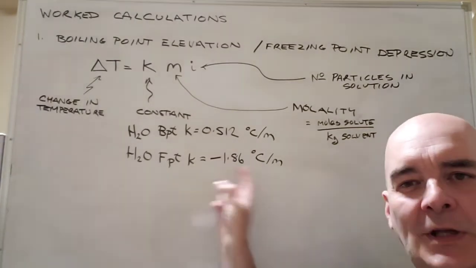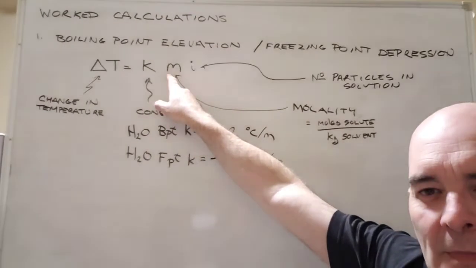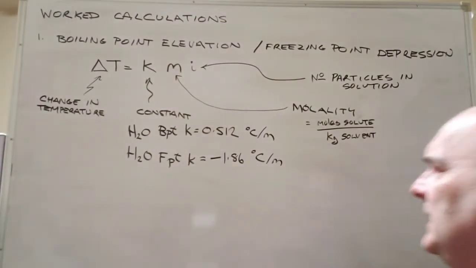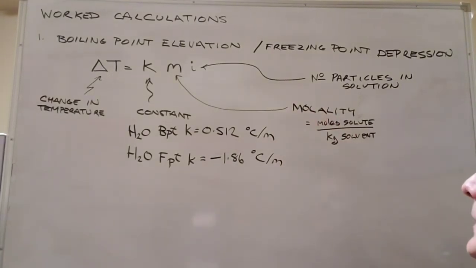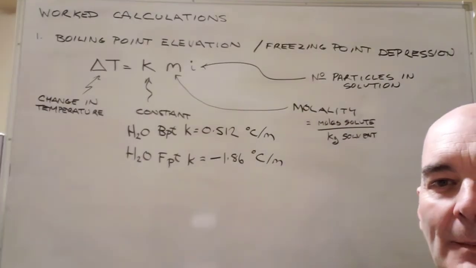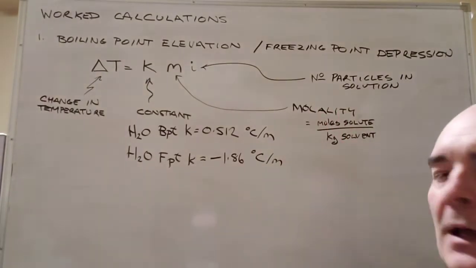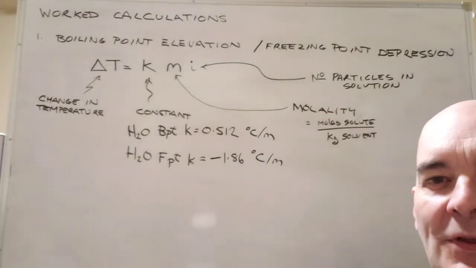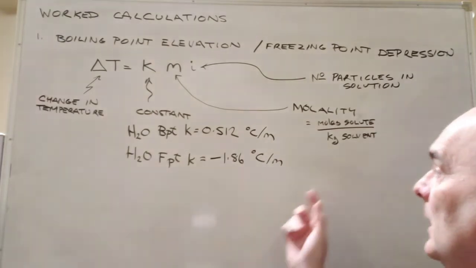So this is always going to be a negative number for us. m is molality. Now, molality is slightly different from the concentration that we've seen before. We've previously seen molarity with an r. This is molality. Molality is the concentration that we use when the temperature changes.